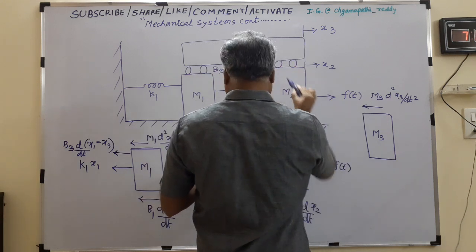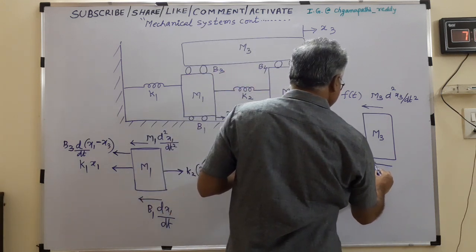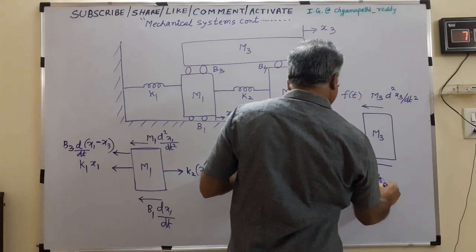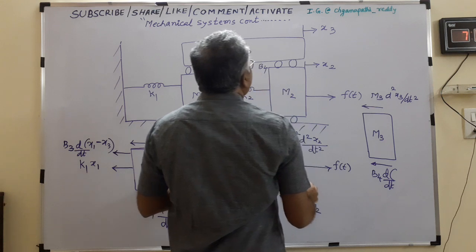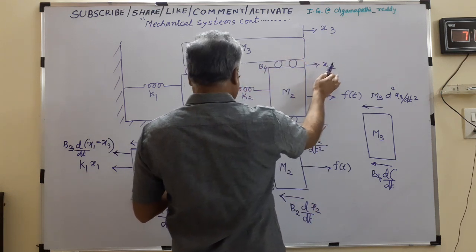Then this one B4 d by dt of, with respect to this na, x3 minus x2.